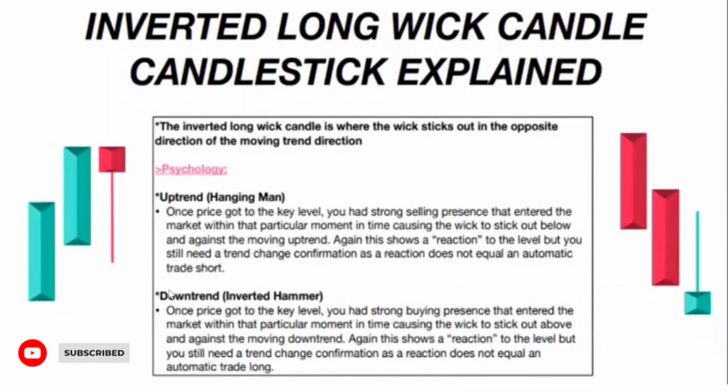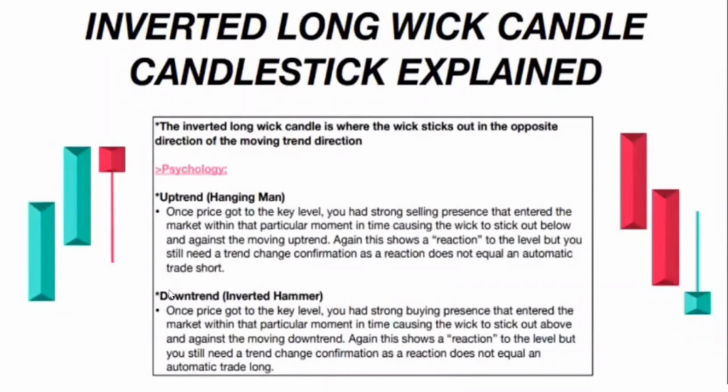Okay, so the inverted long wick candle explanation. An inverted long wick candle is where the wick sticks out in the opposite direction of the moving trend direction. So in an uptrend, you can call it a hanging man.